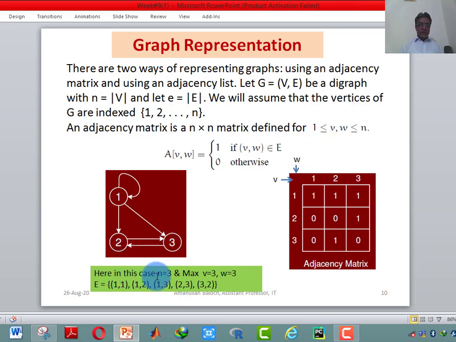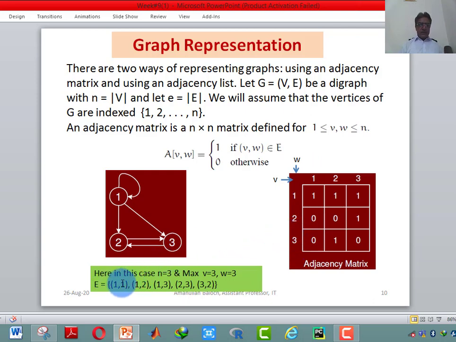Here, in this case, n is equal to 3, so the maximum value of V, which is an index variable, will be 3, and the maximum value of W will also be 3. So V may be 1 up to 3, and W may be 1 up to 3.